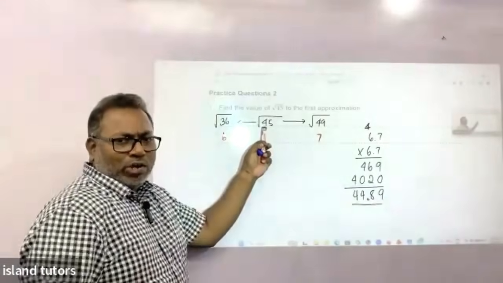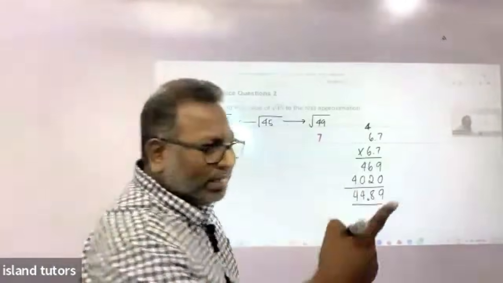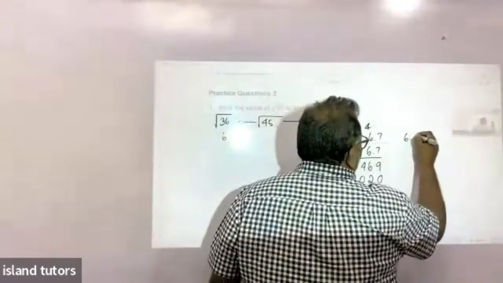So you can see I'm getting close. This is 45, 44.89. So I'm going to try 6.8 also.